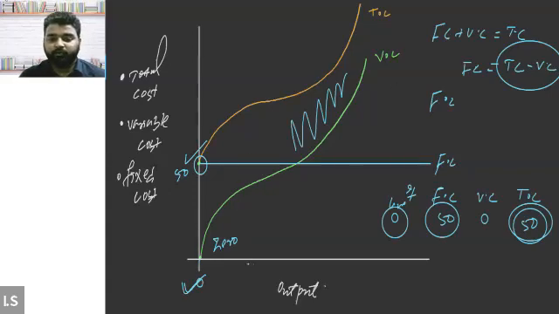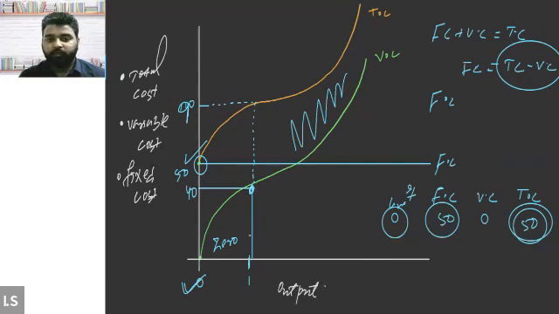Let's suppose at 1 unit, variable cost is 40, and total cost is, let's suppose, 90.